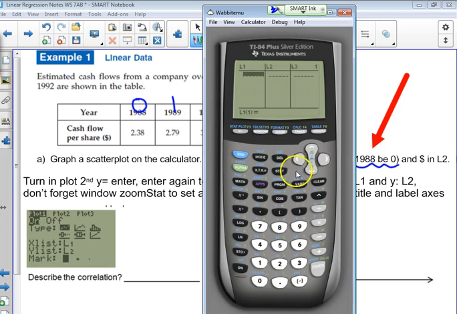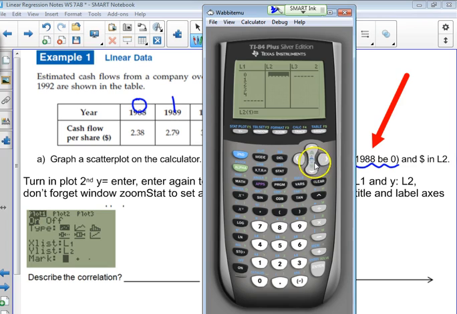Then what am I going to put into list 1, guys? The years since 1988. So I'm going to go 0, enter, 1, enter, 2, enter, 3. Pardon? To clear out everything that's in there? Is that what you're asking? Yeah. Go up onto the title at the very top, yep. And then hit clear enter. And then type in 0, enter, 1, enter, 2, all the way up to 4.